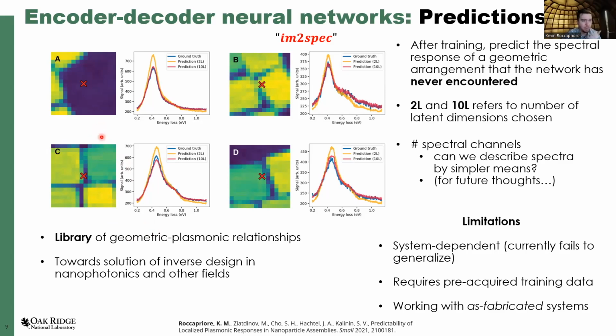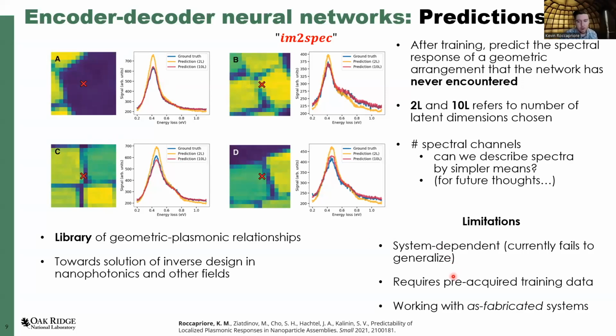It does recognize geometry differences, but it has no idea what the chemistry of these are. If we gave this network the same image, but the chemistry is completely different, that probably has a large impact on what the low loss EELS or plasmonic response of the system looks like. We have to keep that in mind. This is not just going to work for anything. But given that, it still does a pretty good job for this particular system.